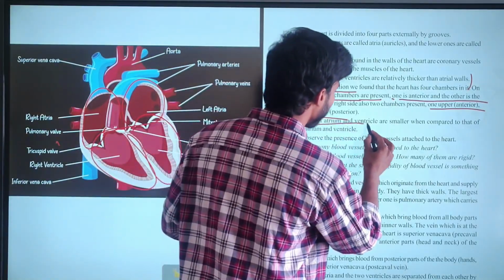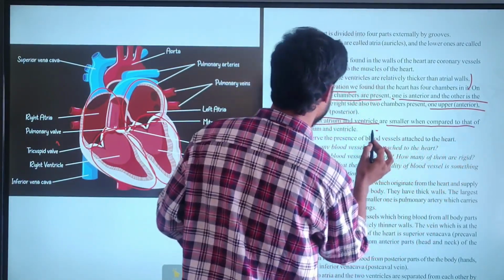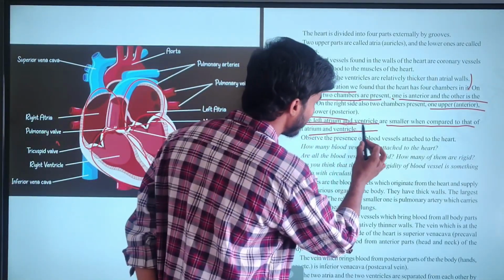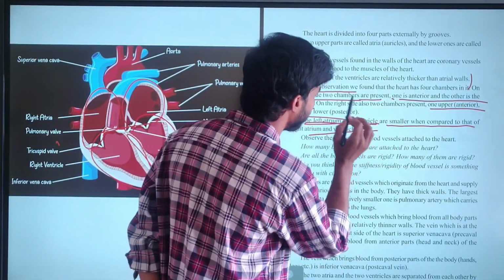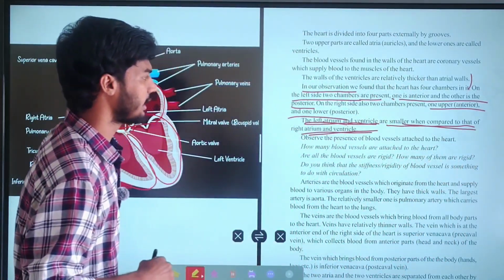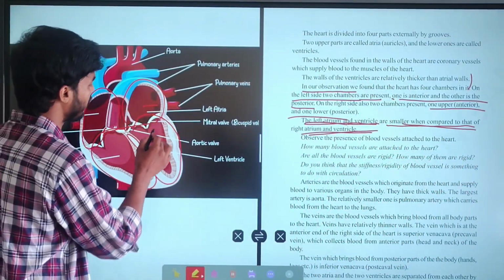The left atrium and ventricle are smaller when compared to the right atrium and right ventricle. Listen carefully.